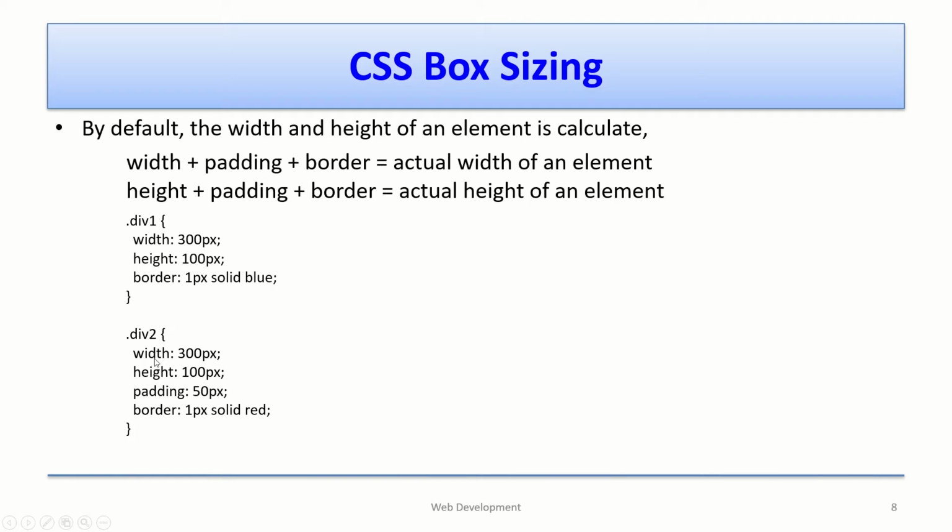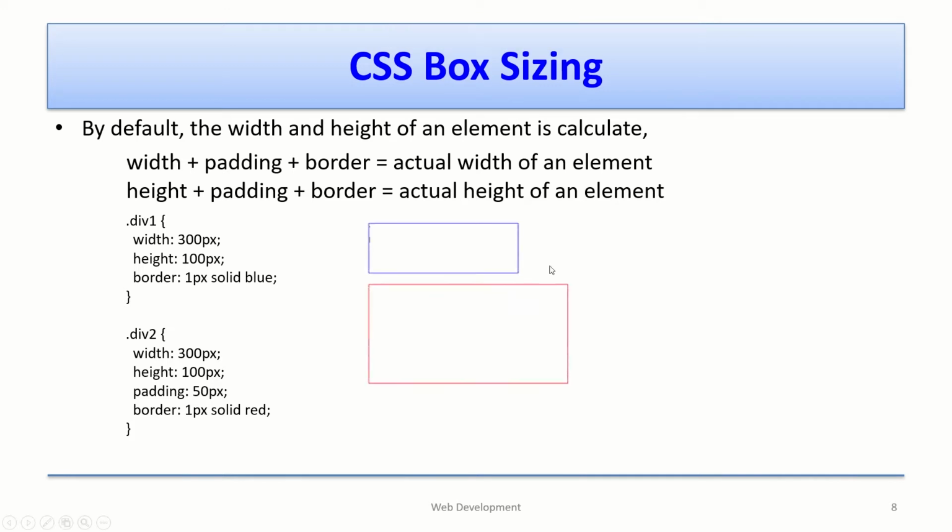And then for the second division, I set width and height the same as in division 1. And here, in addition to division 1, I set padding. Padding is 50 pixel. All right, and then border is 1 pixel, solid style and color red.